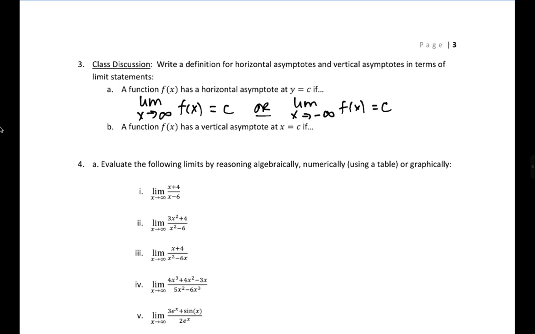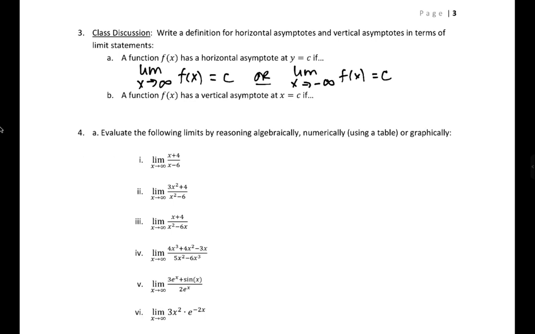And on the other hand, we say that a function has a vertical asymptote at x equals c if when x approaches c, either from the left or from the right, so let's start with from the right, the function approaches infinity or minus infinity.